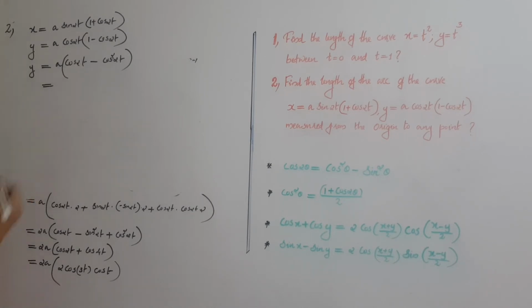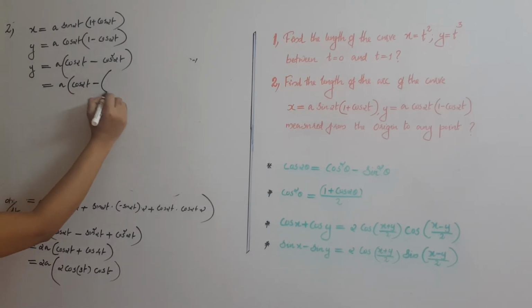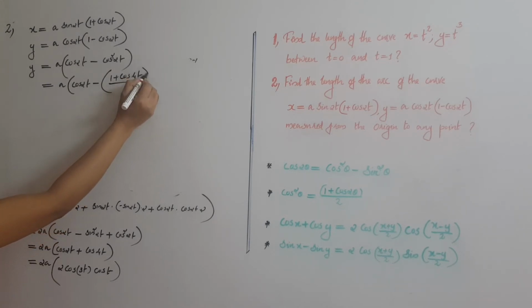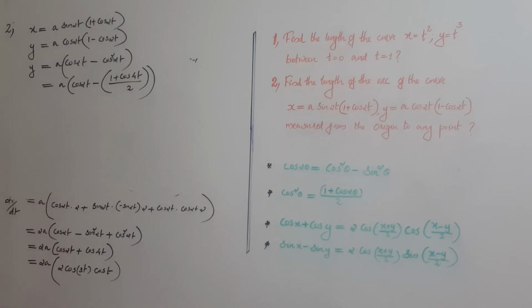So this can be written as a into cos 2t minus (1 plus cos 4t) divided by 2. That is cos square theta is equal to (1 plus cos 2 theta) divided by 2. In the place of theta we have 2t. So here cos 4t.